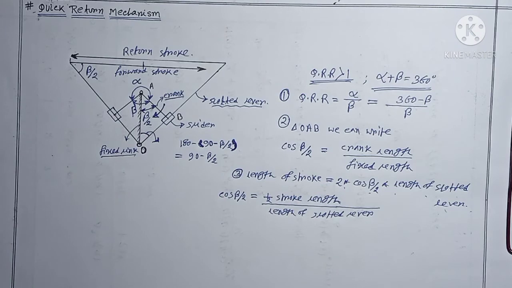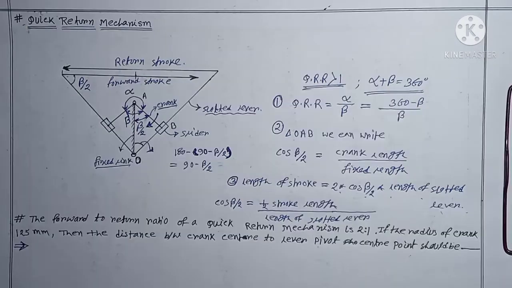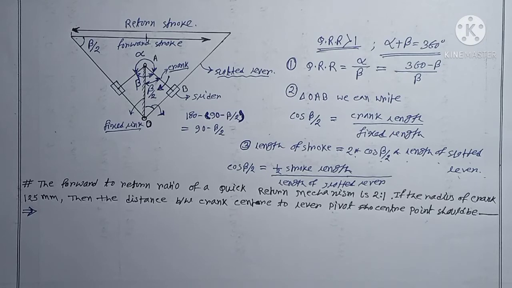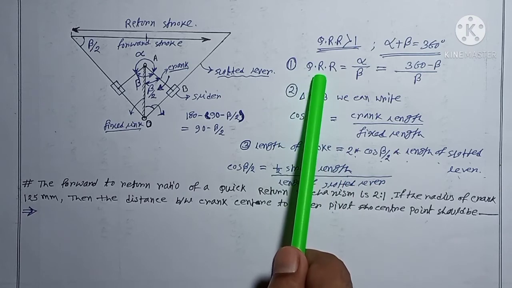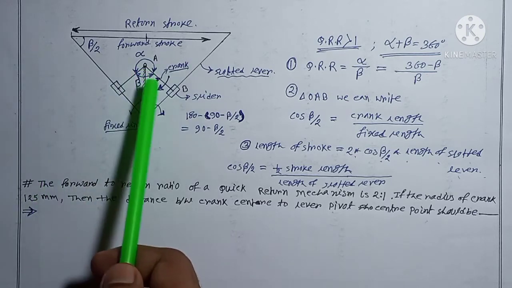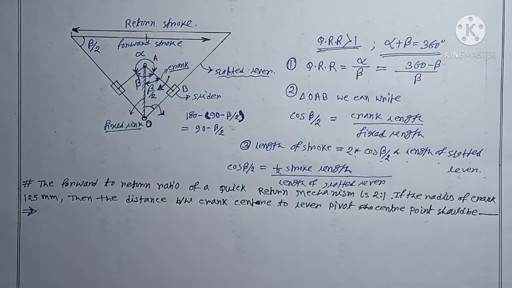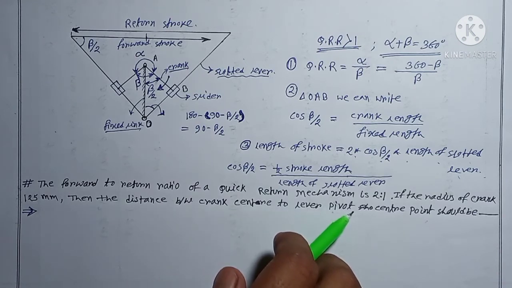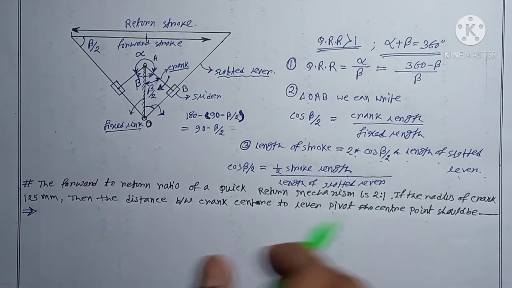Now we will solve a question from this topic. First of all, carefully read the question. The forward to return ratio of a quick return mechanism is 2:1, which means the quick return ratio QRR is provided to us. If the radius of crank is 125 mm, then the distance between crank center to lever pivot center point should be.